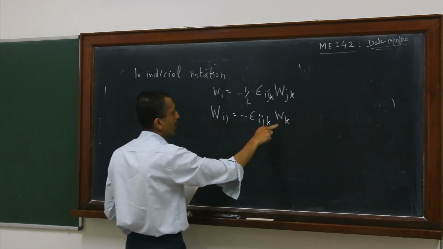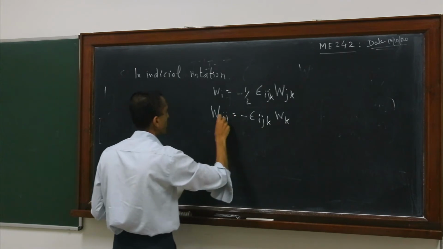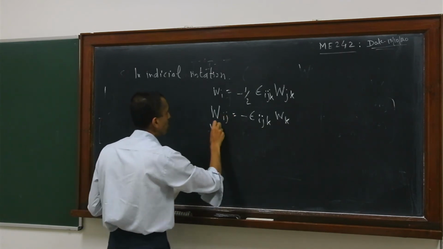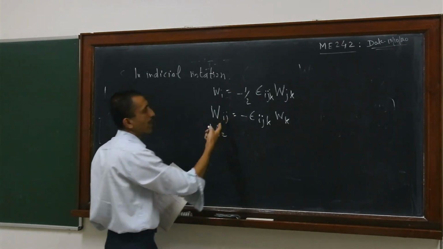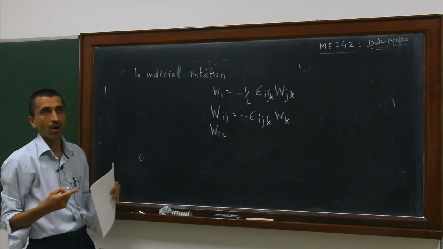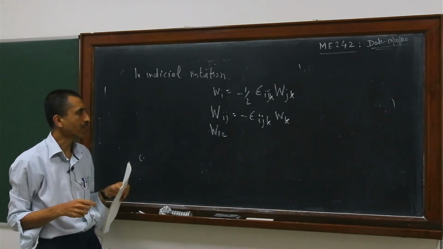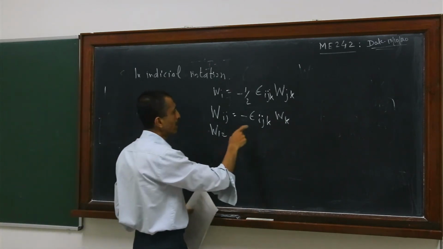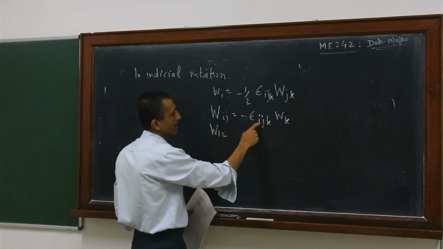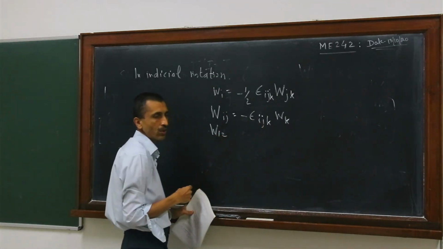So here, let us just write it for, suppose I wanted W12, let's say, because W11 will be 0, as I said, because all the diagonal elements of a skew symmetric tensor are 0. So there is no point in computing W11. In any case, that is also obvious, because if you put 1, 1, then the index is repeated, so it will be 0 anyway.